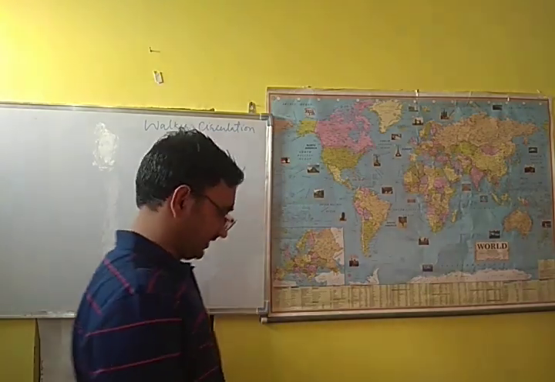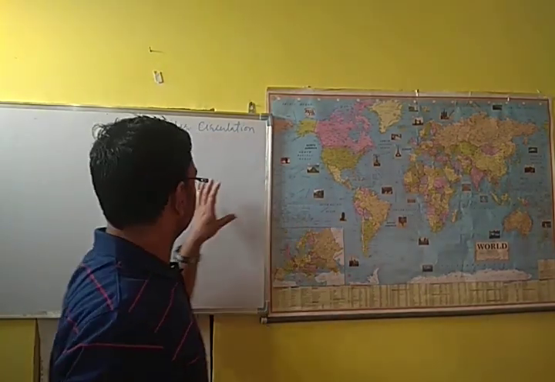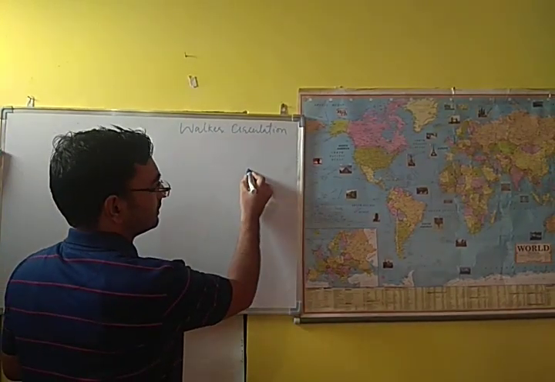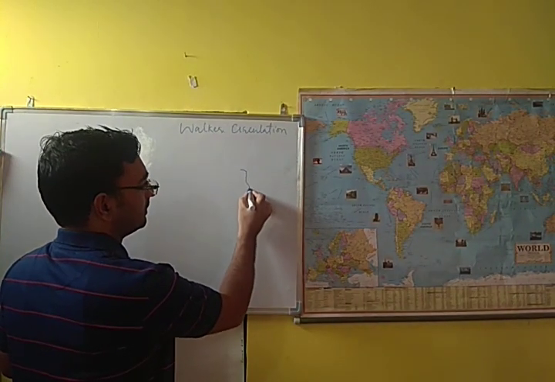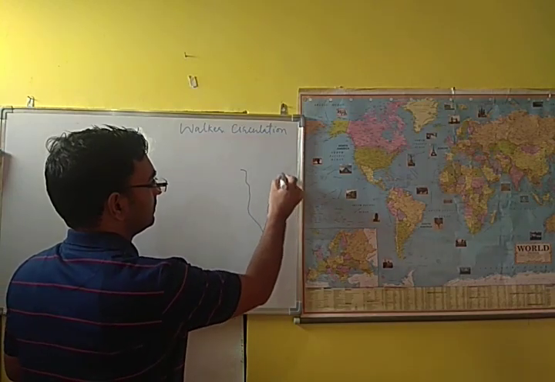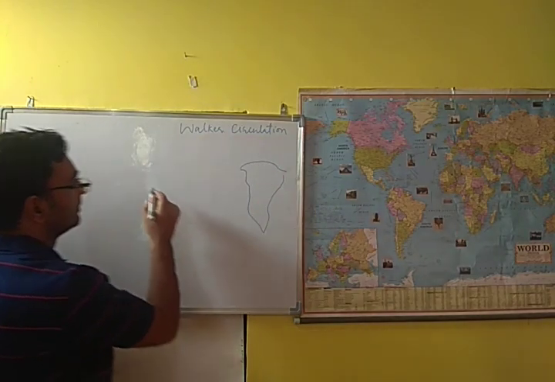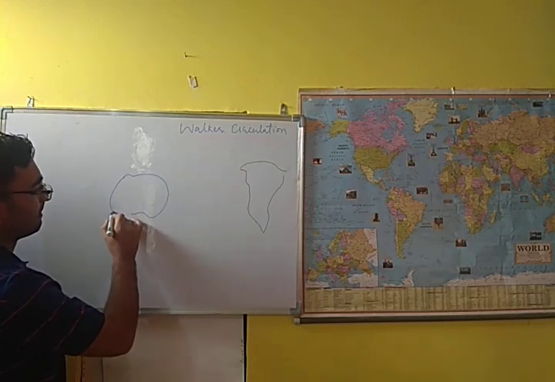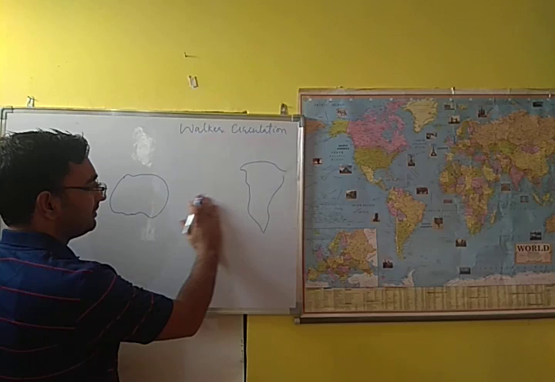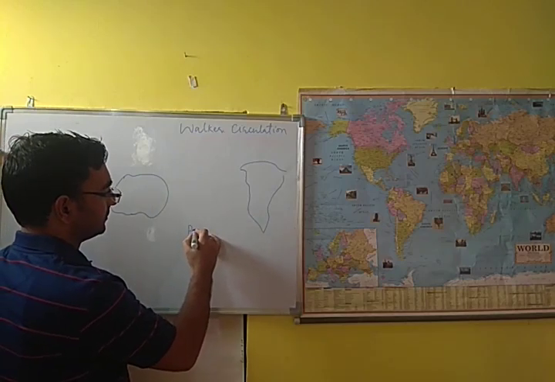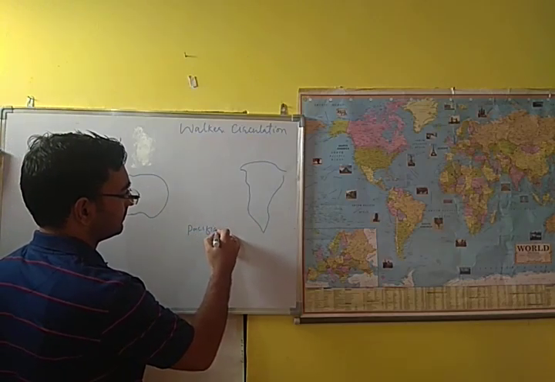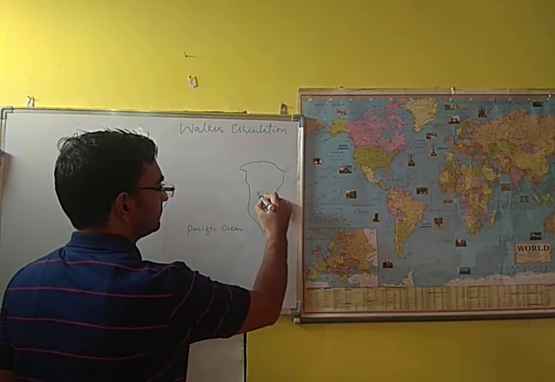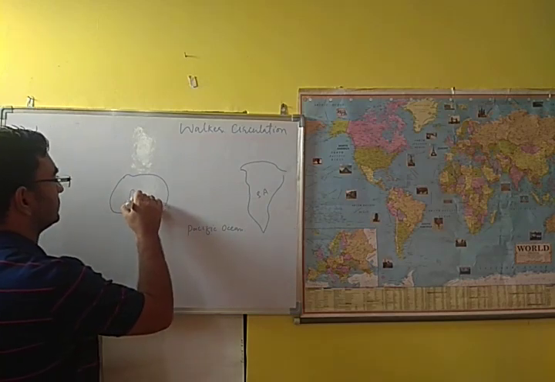Now, if I try to draw a diagram here, this is South America and this is Australia, and in between we have the Pacific Ocean.